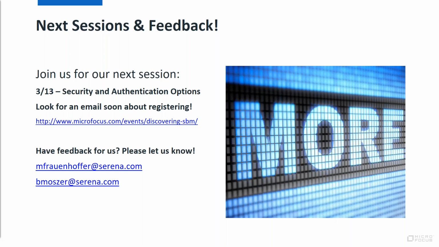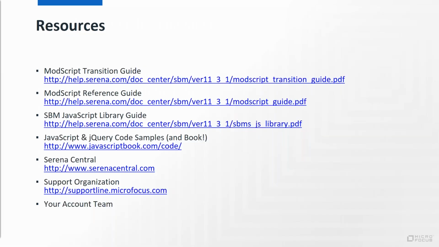So with that, some resources for you. ModScript transition guide, this is going to be a gold mine for you. It is an excellent document that outlines the differences between AppScript and ModScript, what different capabilities there are between the two, including some of the new functionality within ModScript that's not there in AppScript, so definitely check that one out.